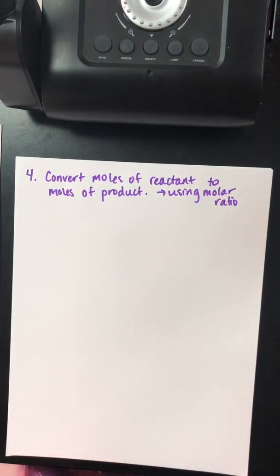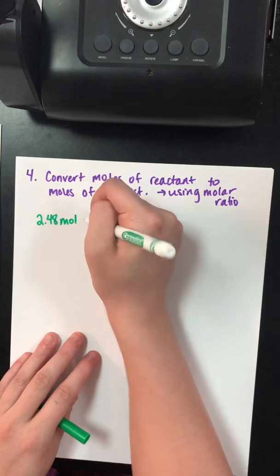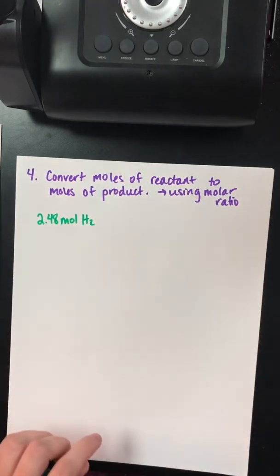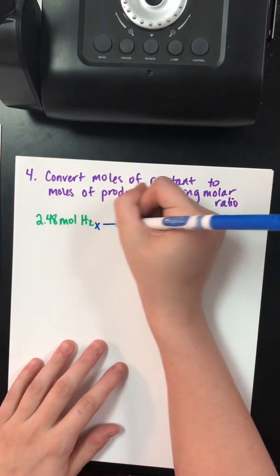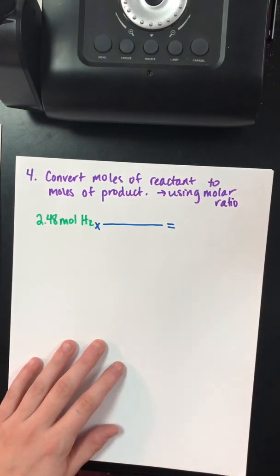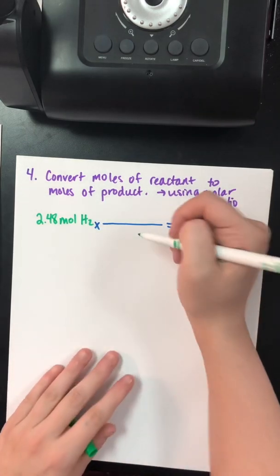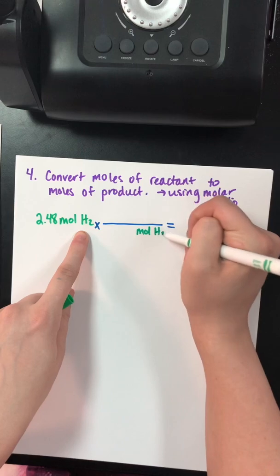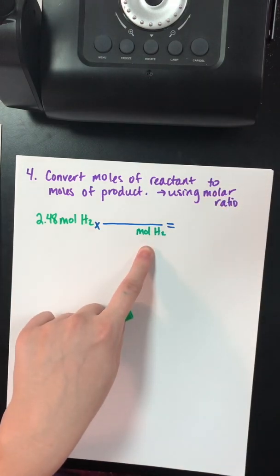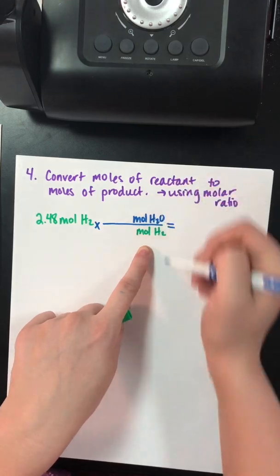So we'll start with our given, which is the 2.48 moles of hydrogen that we just calculated. We'll multiply by a conversion factor, just like every time, where that conversion factor now is the molar ratio. We know that moles of hydrogen should go in the denominator so that the units match. And moles of my product need to go in the numerator.